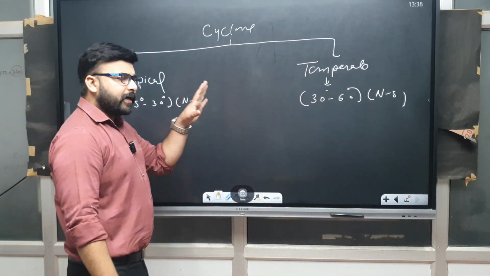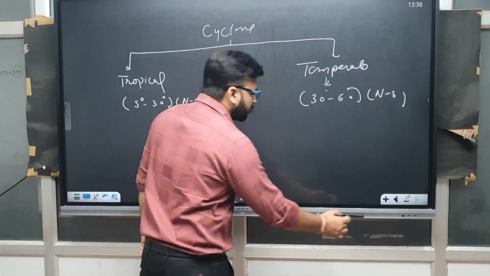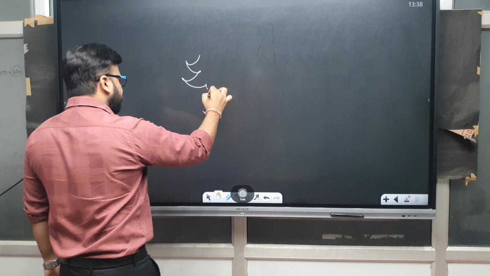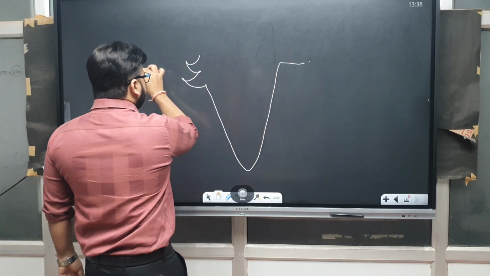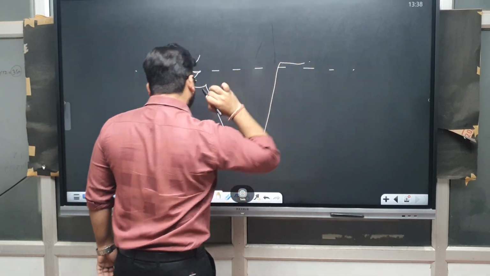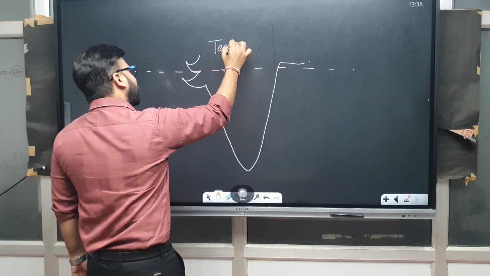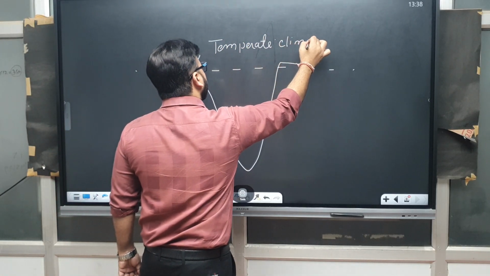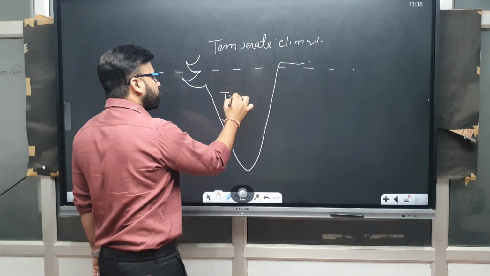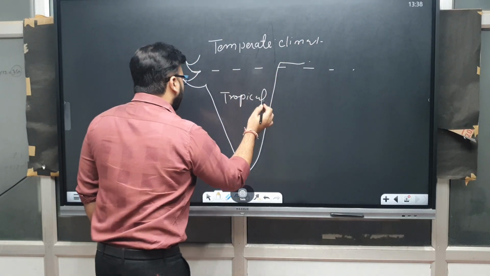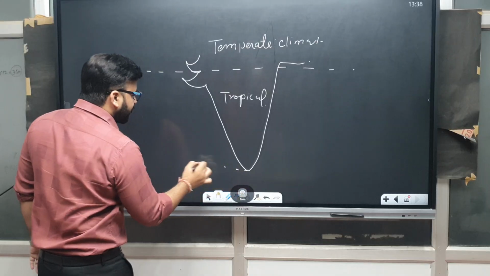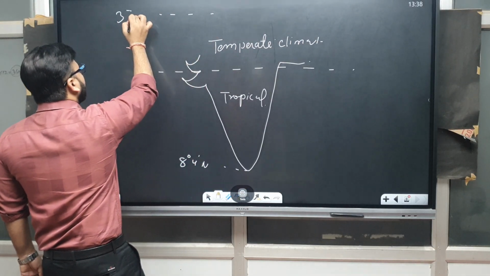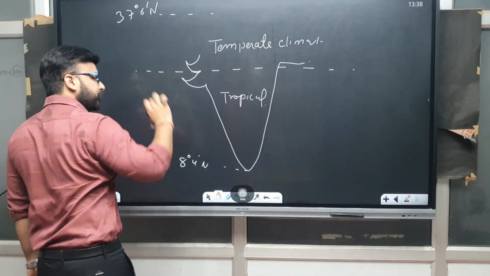If we talk about India according to the latitudinal distribution, India is a country which lies in both types of climatic zones. In the upper part, it is temperate climate, but on the southern side, it is tropical climate, because the expansion of India is from 8 degree 4 minute north to 37 degree 6 minute north.